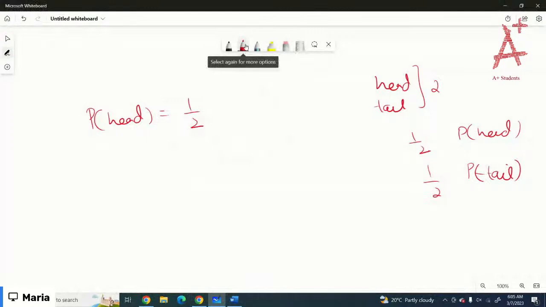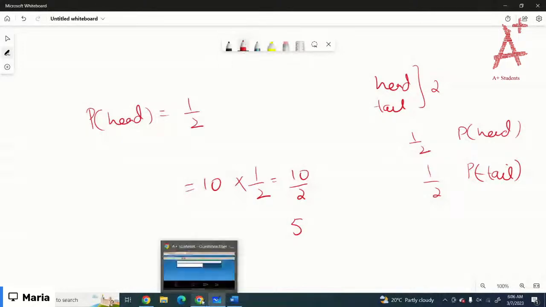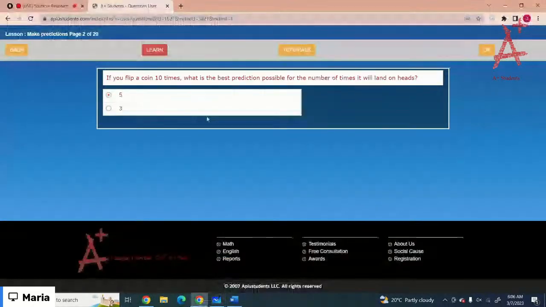But when you flip a coin 10 times, it is 10 times 1 over 2. 10 times 1 is 10, and 10 divided by 2 is 2 times what number is 10? 2 times 5 is 10. So that means the best prediction of getting head when you flip a coin 10 times is 5. Yes, it is 5.